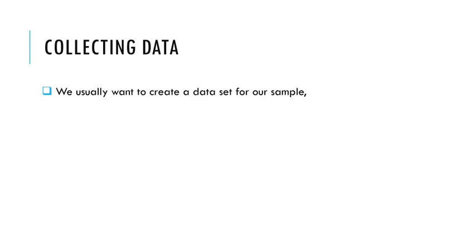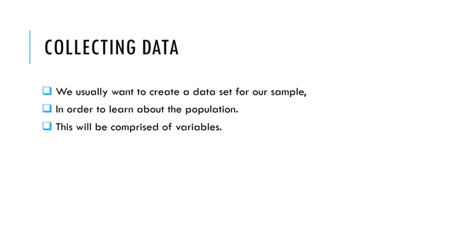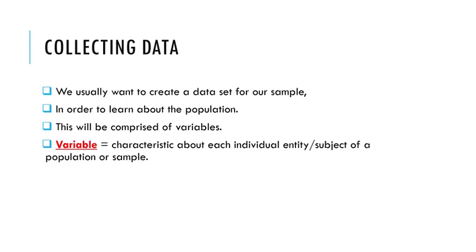So getting back to this idea of data collection, we usually want to create a data set for our sample in order to learn about the population. And this is going to be comprised of variables. So we already understand we use data on our sample to learn about the population, but now we're introducing the idea of variables. So what's a variable?